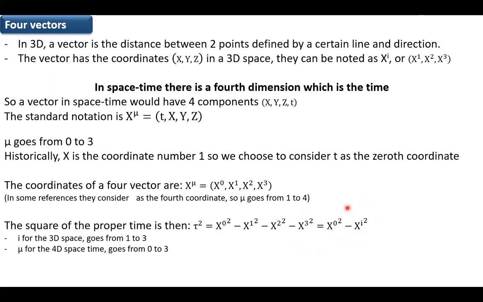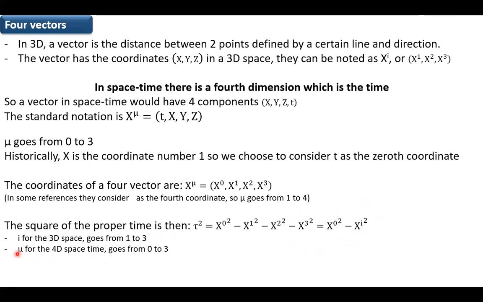So also as a standard notation, i is used for the 3D space and goes from 1 to 3, and mu is used for the 4D space and goes from 0 to 3. So when you see the index i, it means you are working in space from 1 to 3, a Euclidean space, or with spatial coordinates x, y, and z.